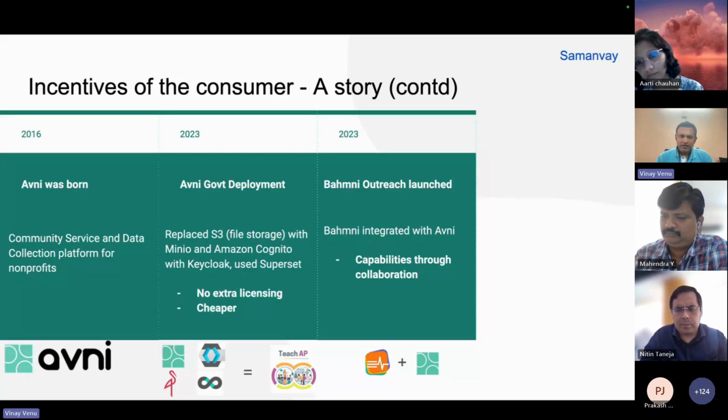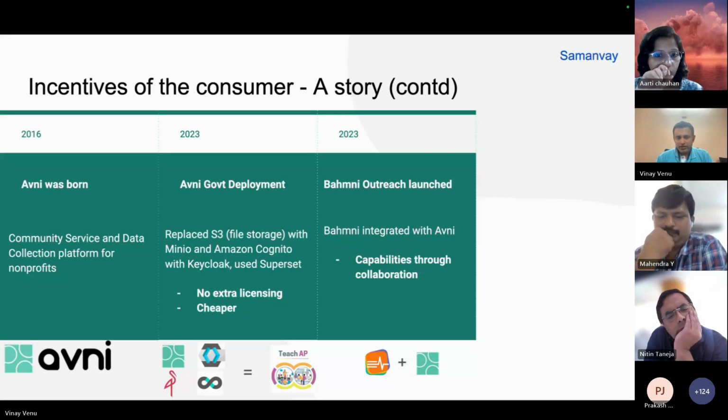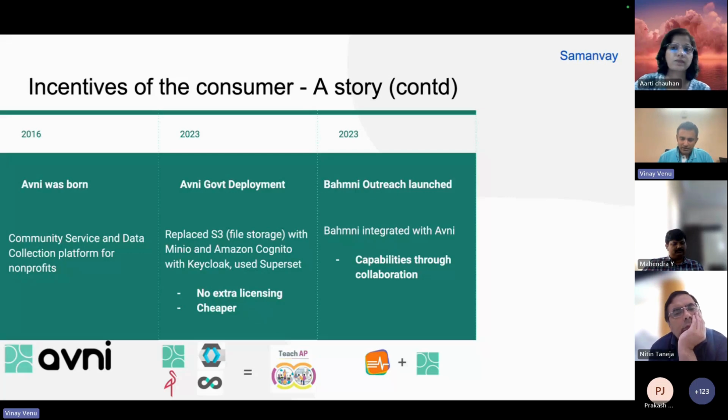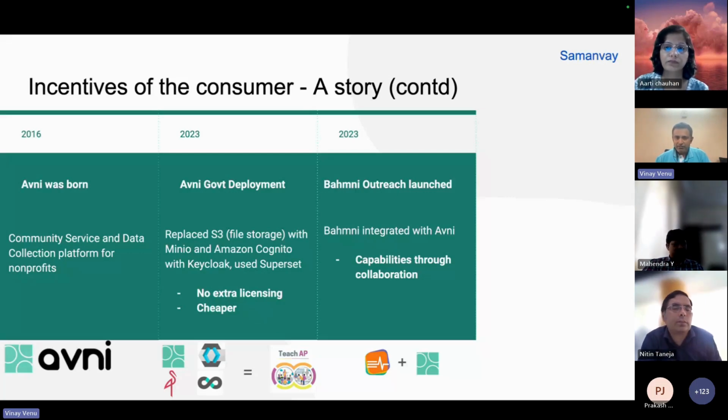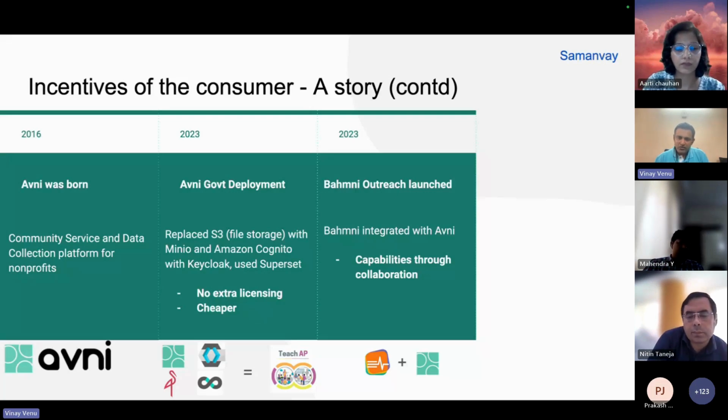In 2023, the first product that I talked about, Bumni, took Avni and started using it for their field use cases. Bumni was a hospital system, but they wanted outreach clinics to use it. So they took Avni and changed it in a fashion where Avni and Bumni could come together. So now you see from 2013 when Bumni started to now, they've started integrating multiple things.